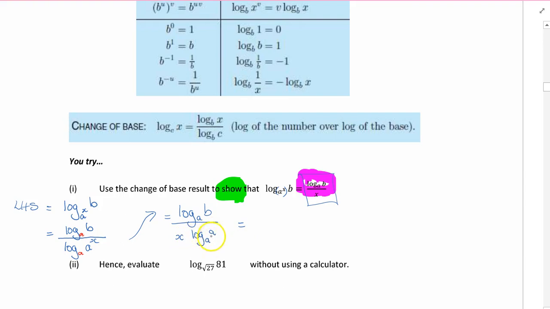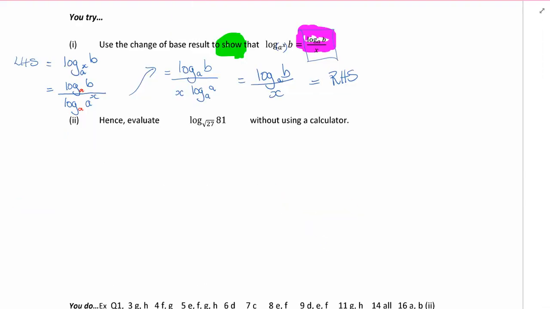What do I raise a to get a? It's 1. So that becomes x times 1, and we've got log to base a of b just on x times 1, which is x, which is equal to the right-hand side. This is not a common association, that log to base a to the x of b is equal to log to base a of b all over x.